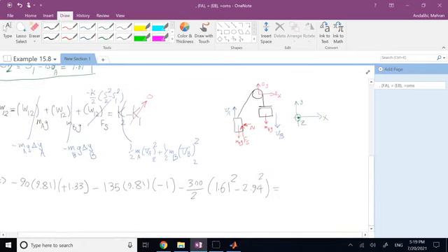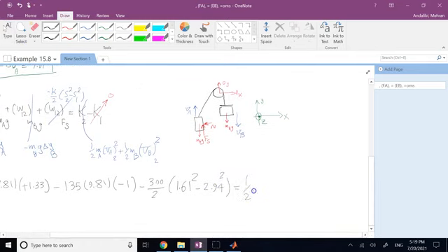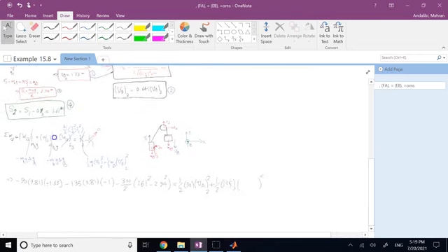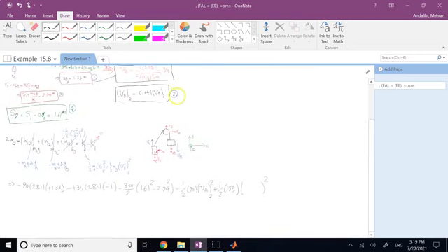It's equal to 1/2 mass of A times velocity of A in position 2 squared plus 1/2 mass of B. Now here, instead of velocity of B in position 2 squared, I'm going to bring in the relation that I had in equation 2.